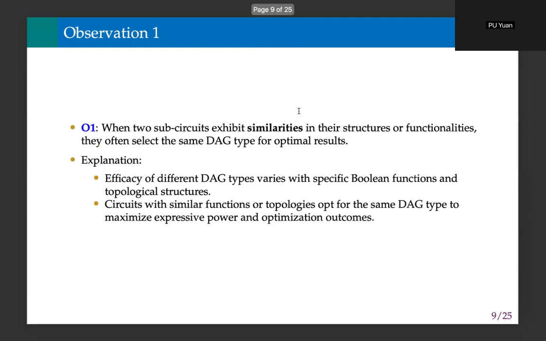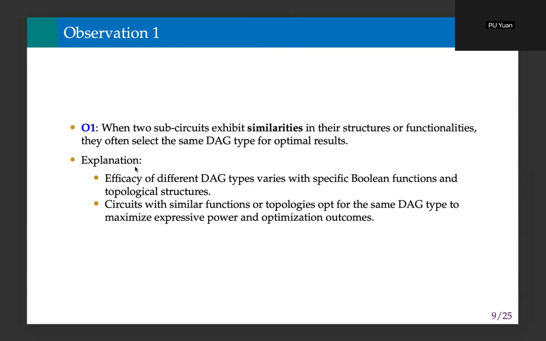There are two motivations we observed for heterogeneous optimization. First, when two subcircuits demonstrate similarities in their structures or functionalities, they often select the same DAG type for the optimal optimization results.